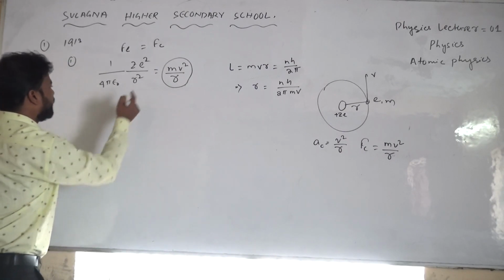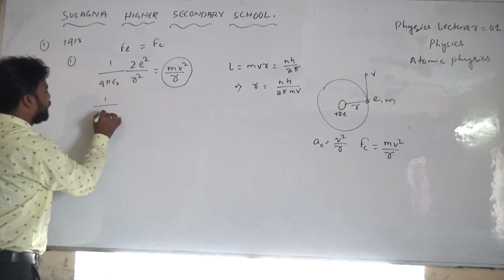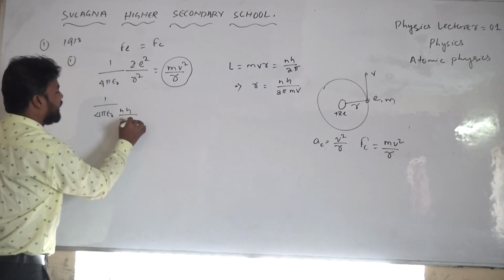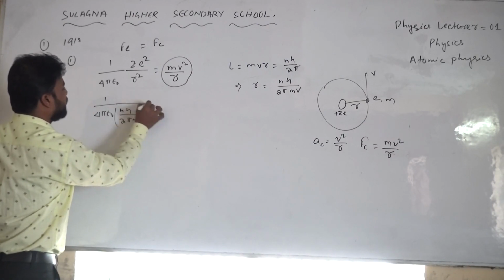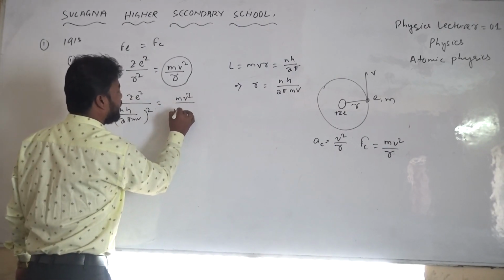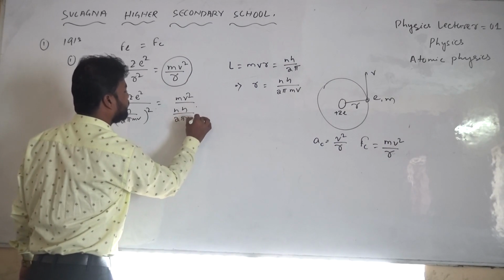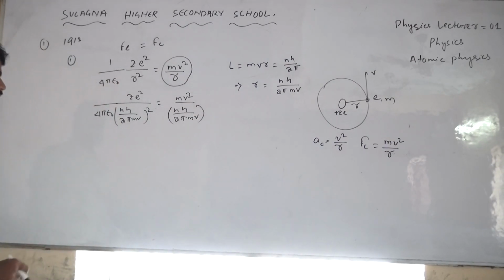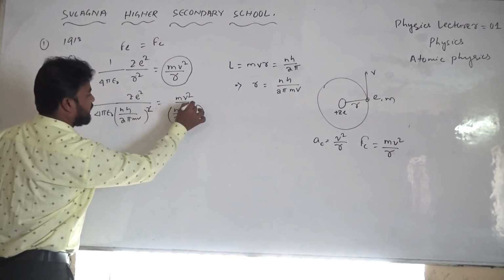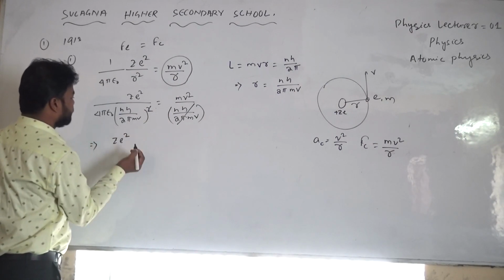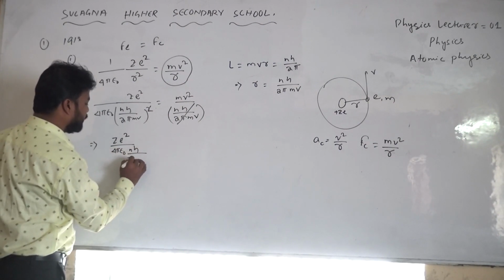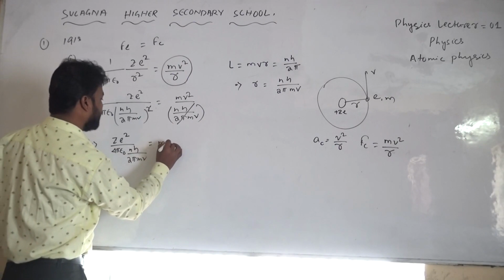Putting this value in the equation, Z square e square by 4 pi epsilon naught times n h by 2 pi m v is equal to m v square.